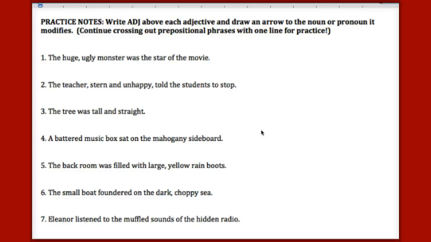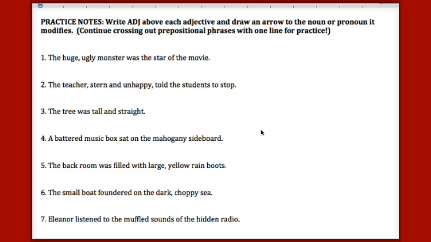So we have: the huge, ugly monster was the star of the movie. Now, if you're looking at subjects and verbs here, just to get your bearings, the subject of this sentence will be monster. Our linking verb is was. Star happens to be a predicate nominative, and of the movie is a prepositional phrase that we will just cross out. What we're really trying to focus in on here, though, are the adjectives.